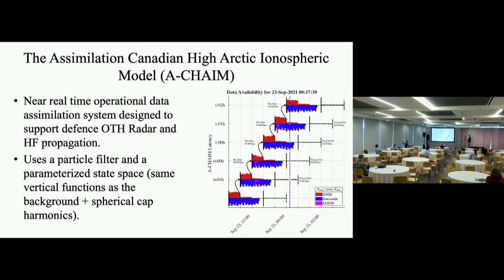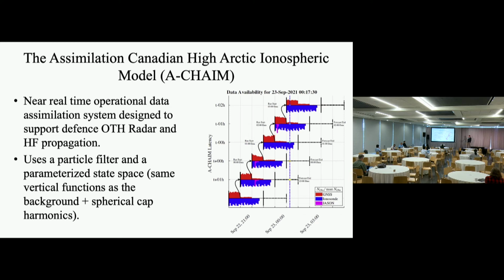A-CHAIM is a data assimilation system based on E-CHAIM that's meant to get us smaller temporal and spatial scales and to debias some of the behavior of E-CHAIM at lower latitudes. This system is a near real-time operational data assimilation system designed to support defense over-the-horizon radar and HF propagation applications.